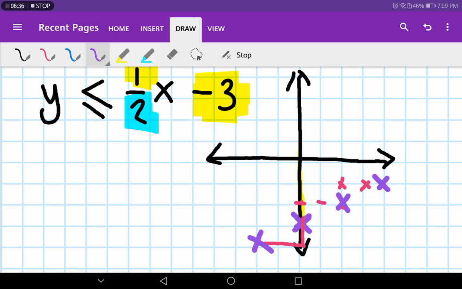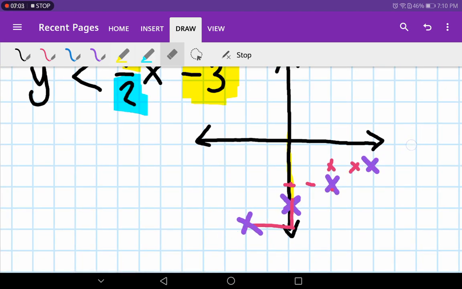Okay, my dear student. Now I connect between them in one solid line. Like this. And if I don't have the equality, what do I have to do? I have the equality, it is okay. But if I don't have the equality sign, you have to make dashes in the line, not solid.